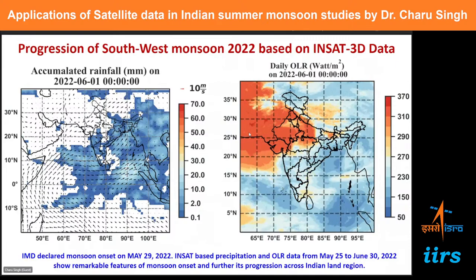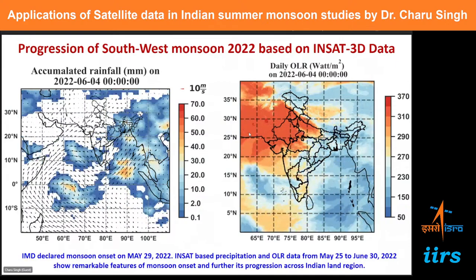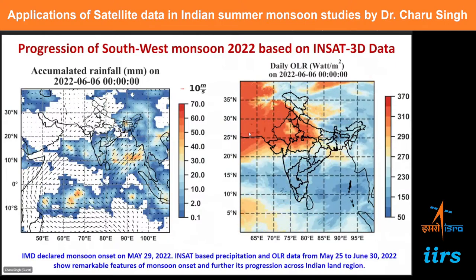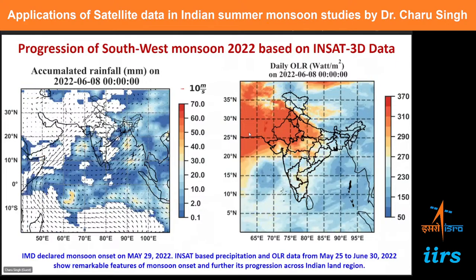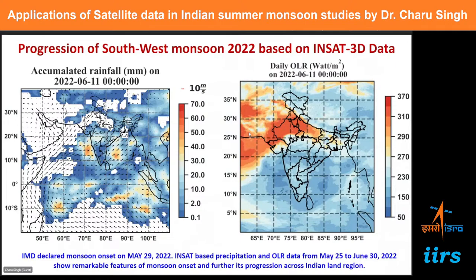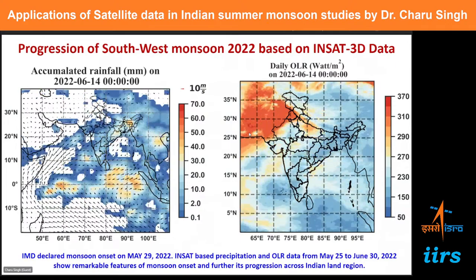So based on the data sets, we can infer whether clouds are present over land or not, or over the oceanic region or not. That kind of analysis can be done using the satellite-based outgoing longwave radiation, and we can get first hand information about the rain bearing system using only the OLR data set.